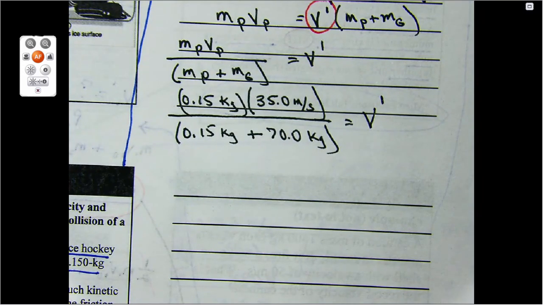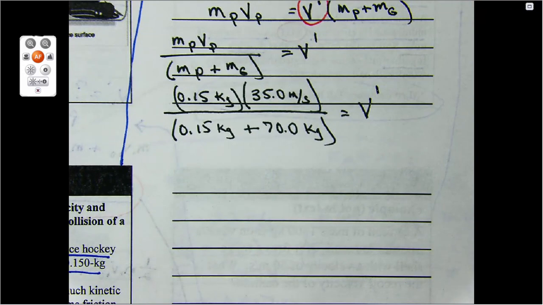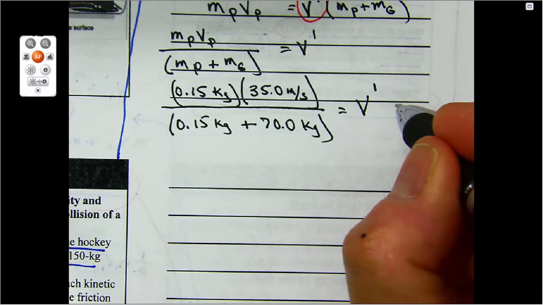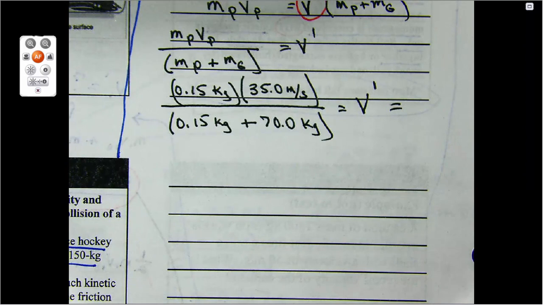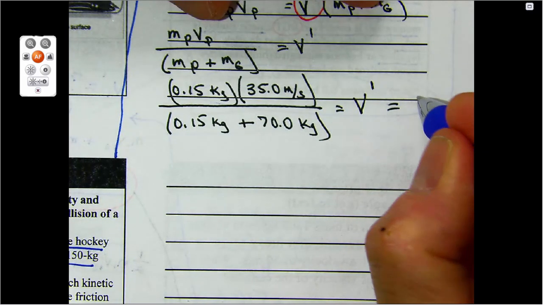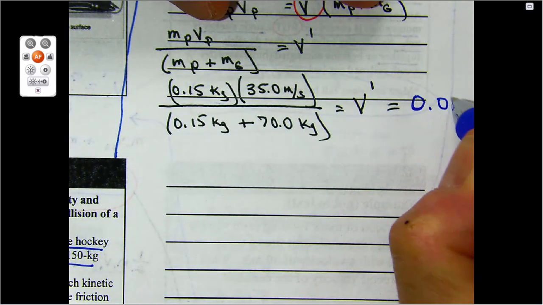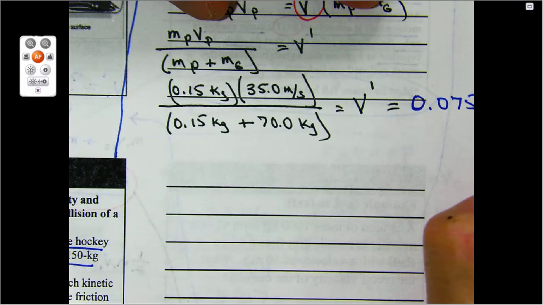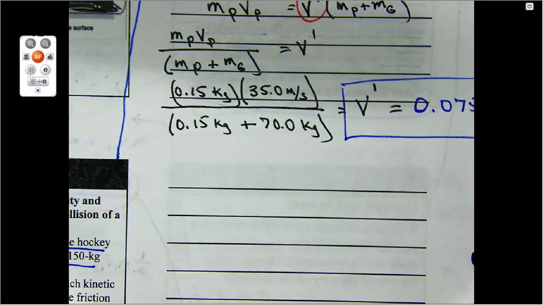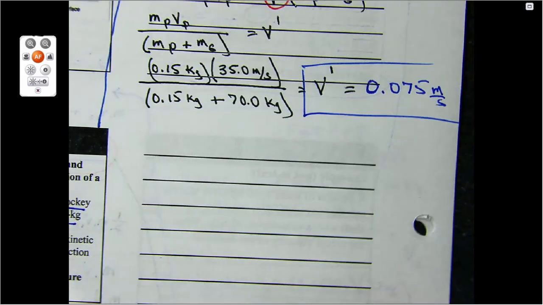It's not going to be very much. I mean, that puck doesn't have very much mass. So this is not going to be very much at all, but it'll be a little bit here, and we get what? 0.075 meters per second, huh?